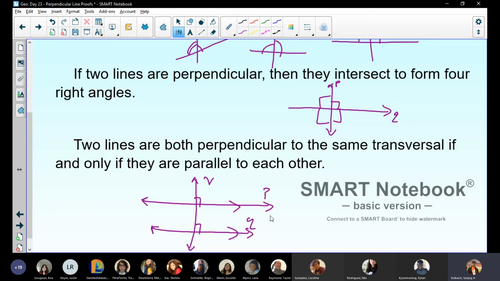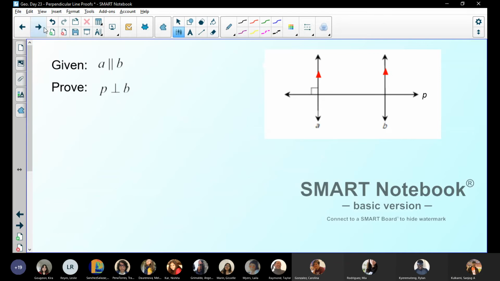Okay, let's see the next slide. We are going to prove the last one that we had. They have given us that P is perpendicular to A and that A is parallel to B. We need to prove that P is perpendicular to B. And it's quite simple.